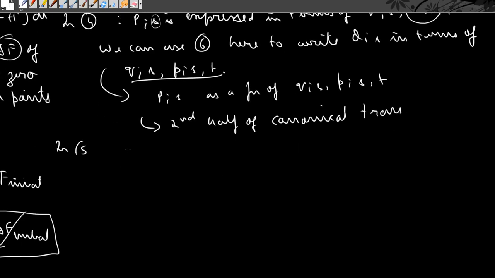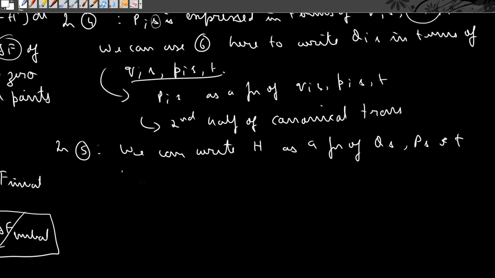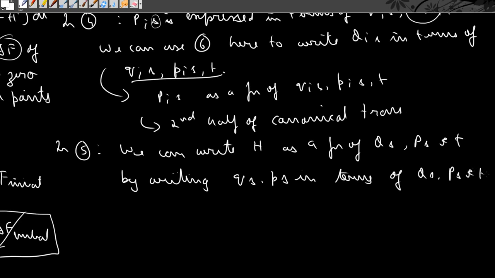And to perfectly end this story, we will use equation 5. In 5 we can write H as a function of q's, p's and t by writing the old q's, p's in terms of the new q's, p's and t by inverting the relations 6 and 7.